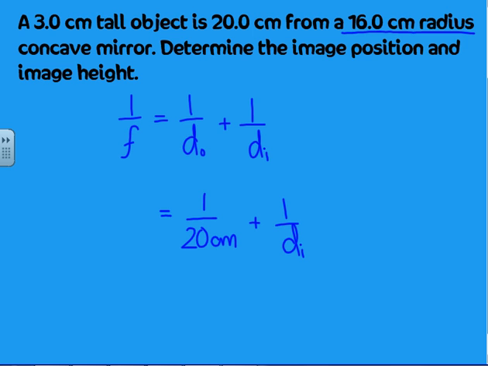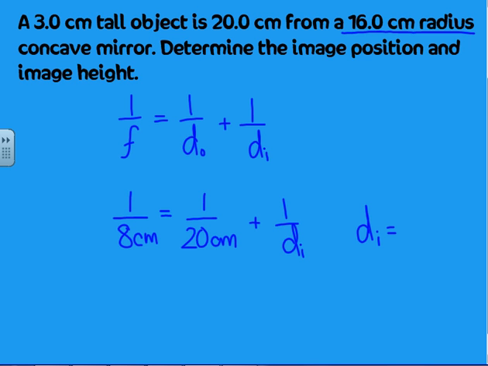But remember, the focal length is half of the radius. Or you could say the radius is twice the focal length. So if the radius is 16 centimeters, my focal length is 8 centimeters. I can use this equation now to solve for the image position.